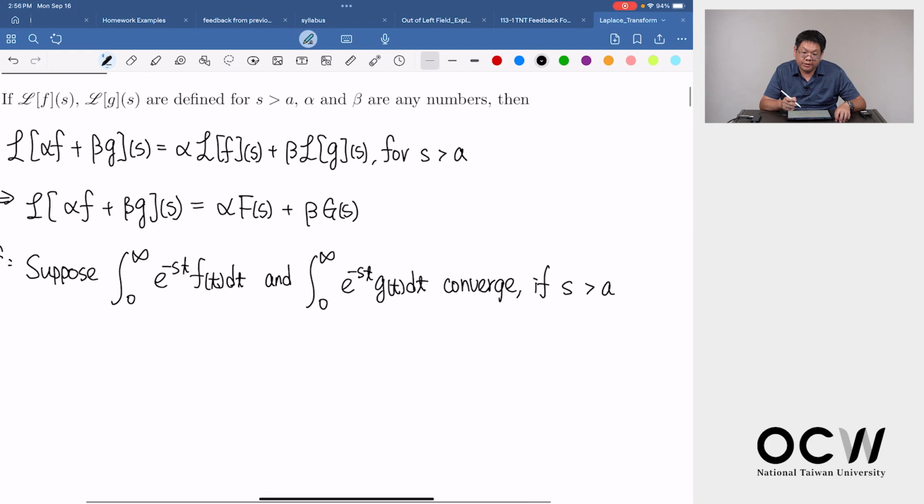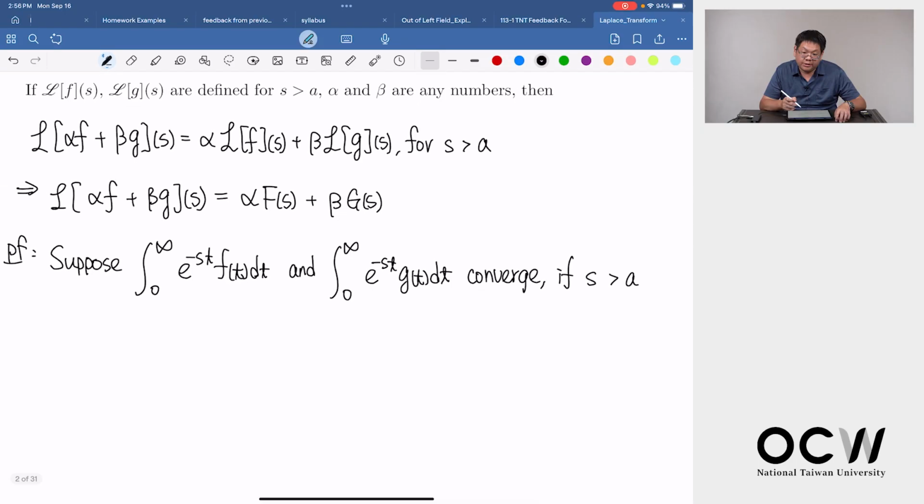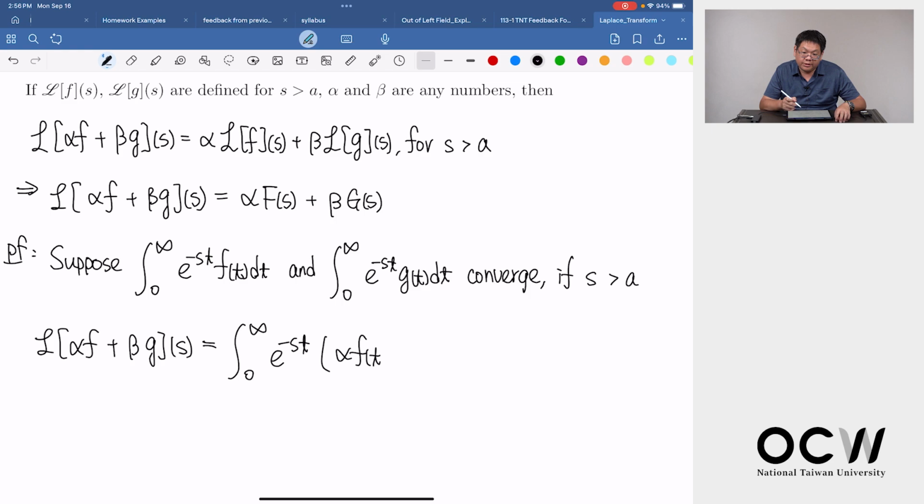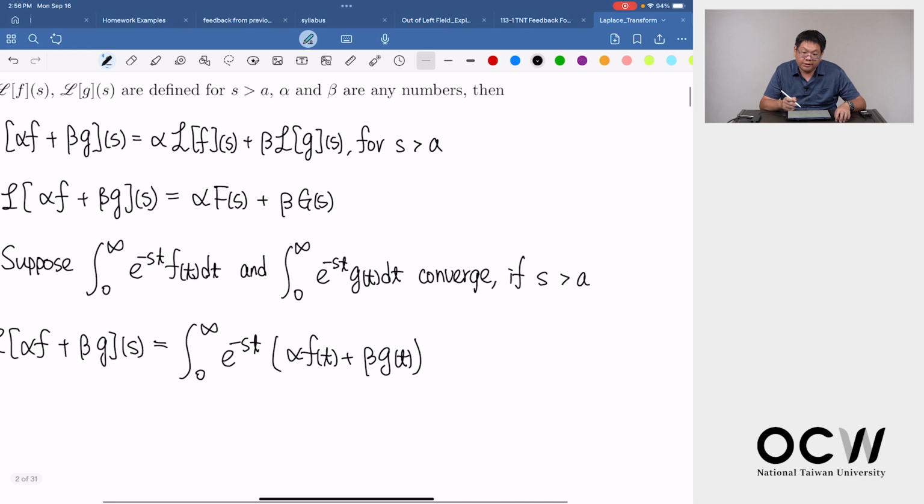Then let's see the linear combination of the functions f and g. So the Laplace transform of alpha f plus beta g of s is the integral of e to the minus st times alpha f of t plus beta g of t dt.